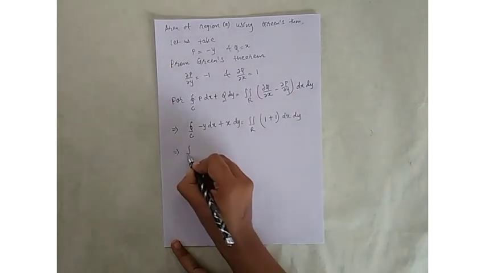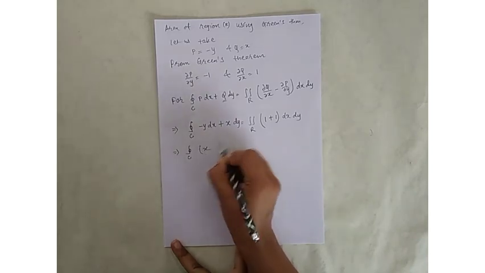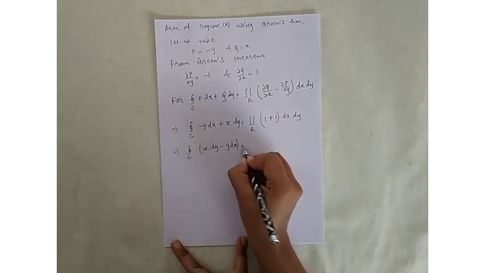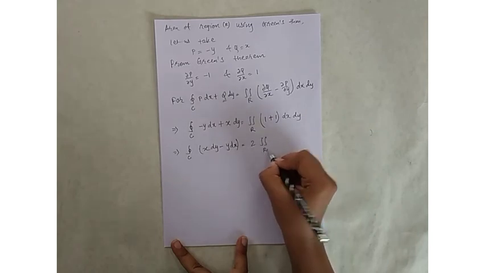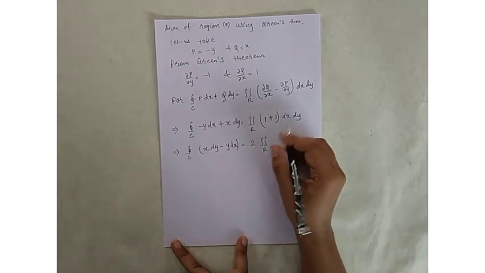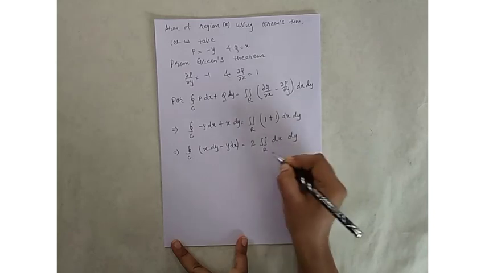This implies that the integration on smooth closed curve C of x dy minus y dx is equal to 2 times the double integration over the region R of dx dy.